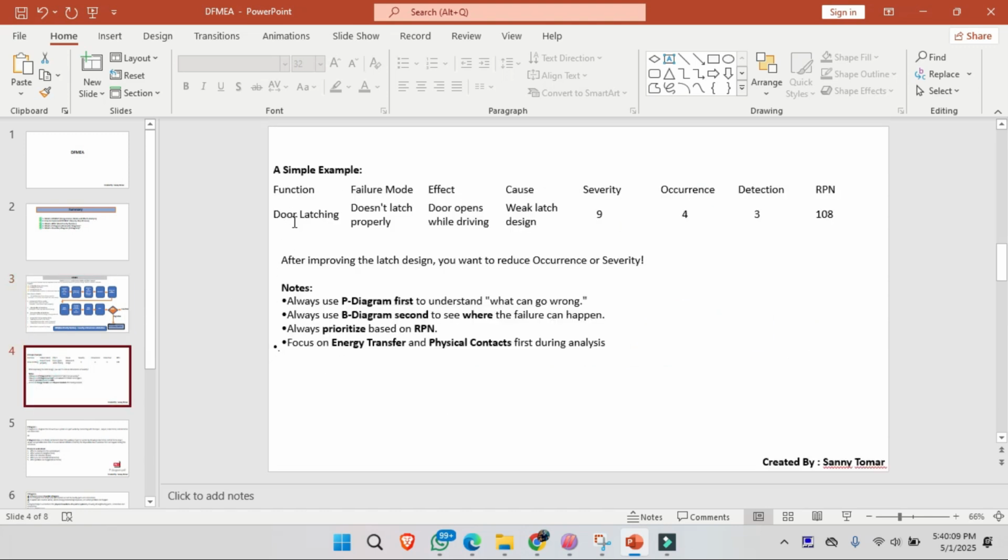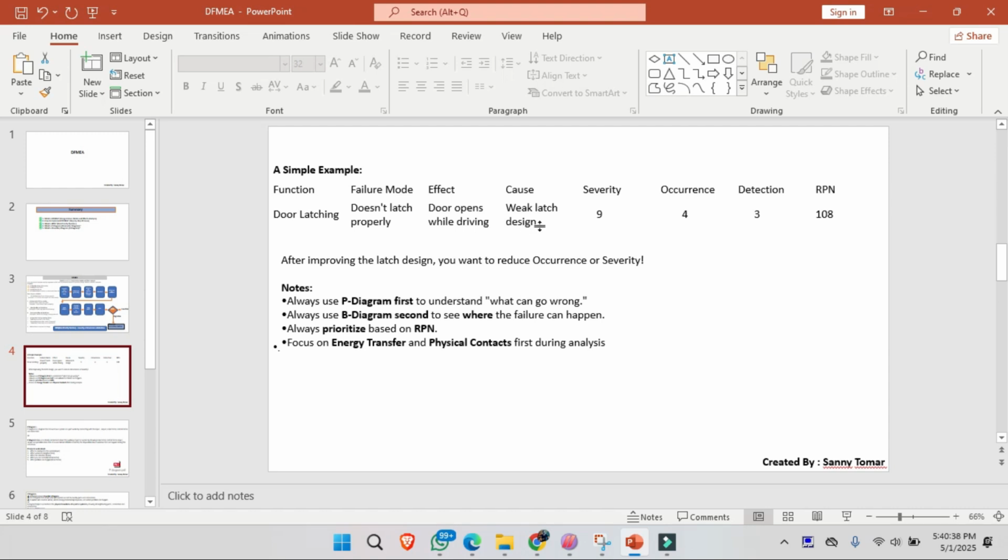In the fourth slide, we present an example for door latching. What failure mode will come in the door latch? The door does not latch properly, and the effect is the door opening while driving. What are the causes? Weak latch design, and many other reasons for door latching not working.